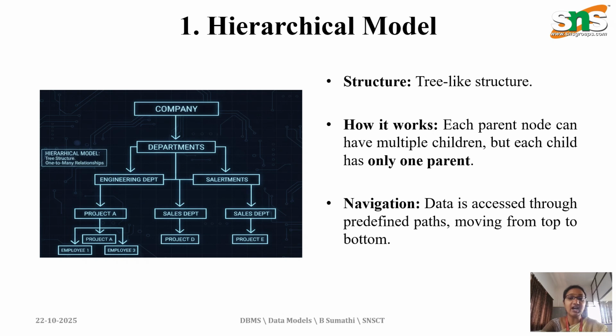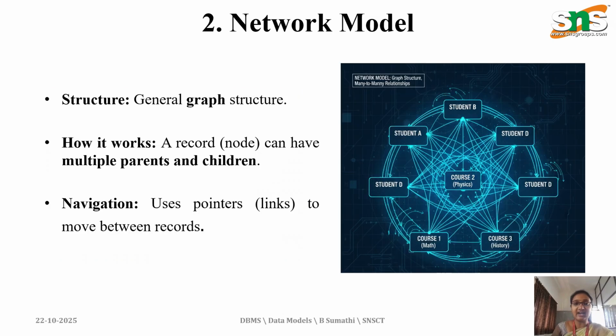This is your hierarchical model, a structured tree-like structure. How it works: each parent node can have multiple children, but each child should have only one parent. Navigation: data is accessed through predefined paths moving from top to bottom. So this is your hierarchical model.